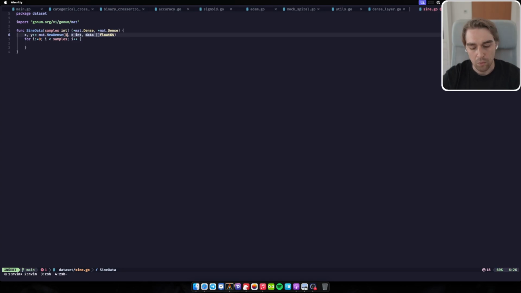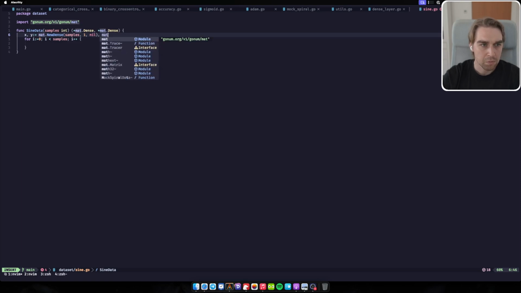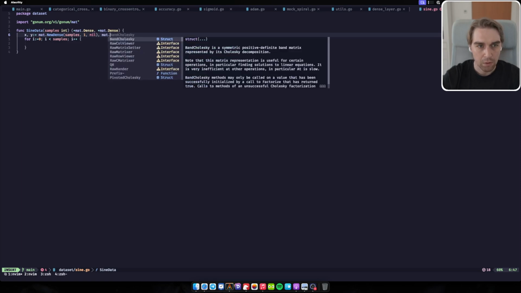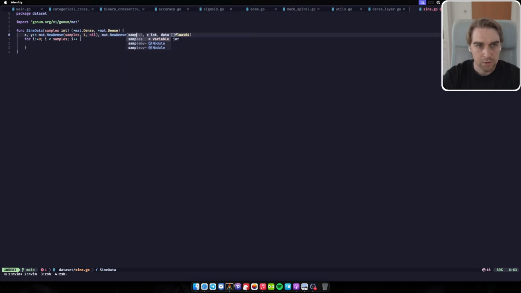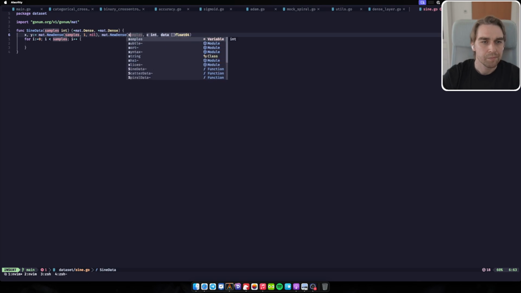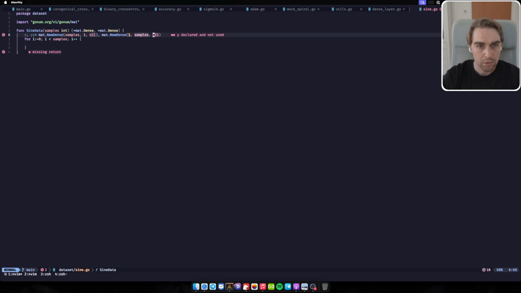Then we have mat new dense, samples, one, nil, and the same for the other one.